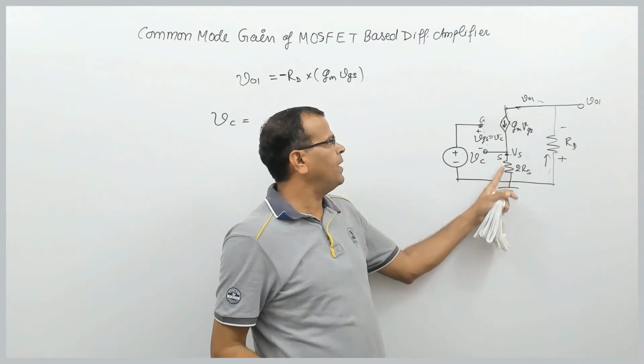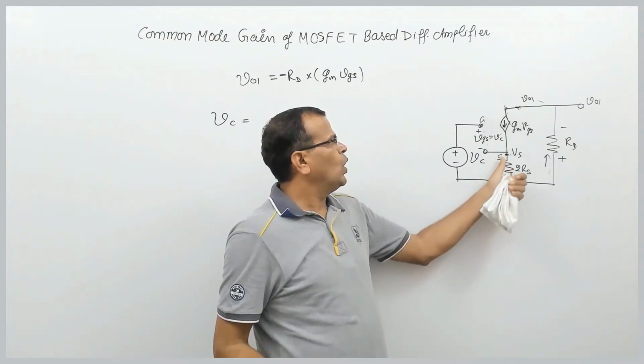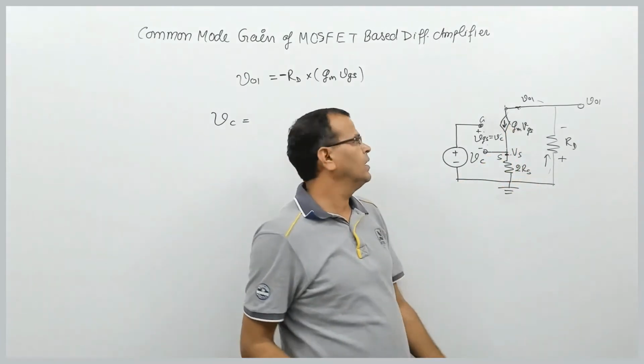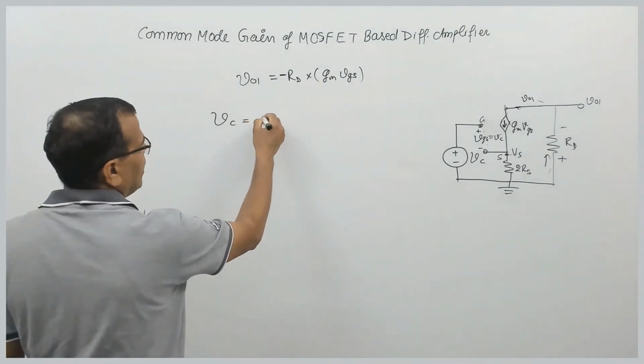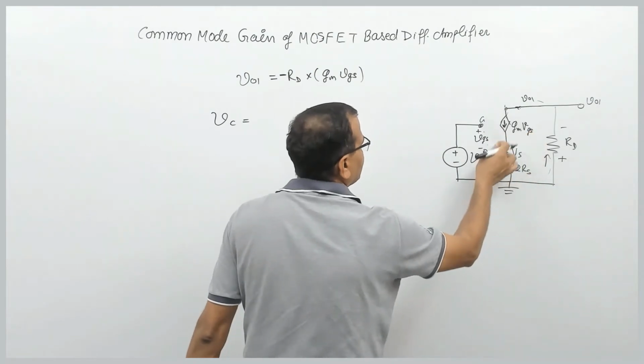What is the drop here? The drop here is this current multiplied by 2RS. So VC is nothing but, it is not VC here, please make a correction here.